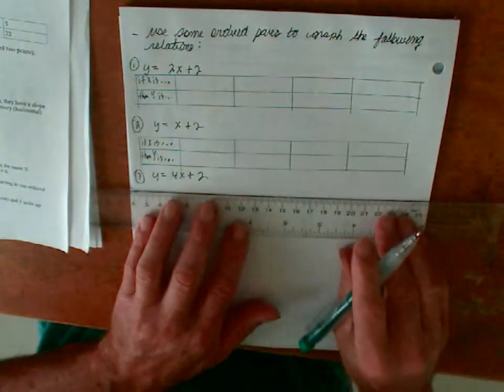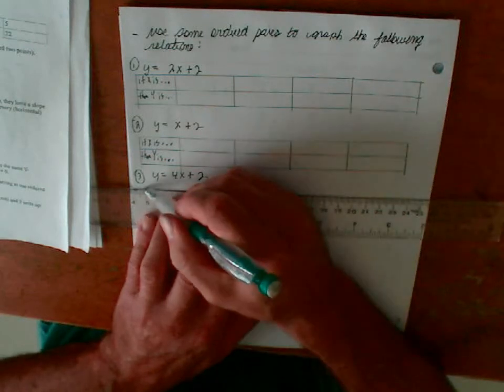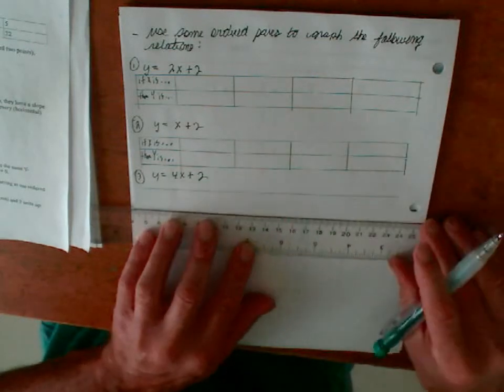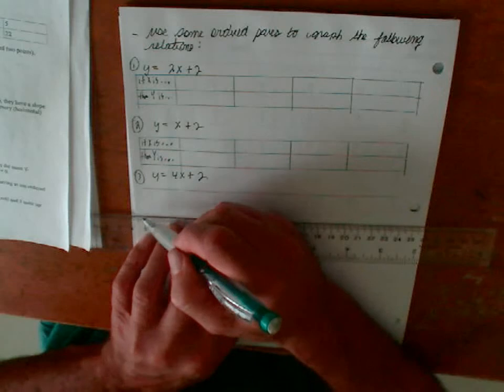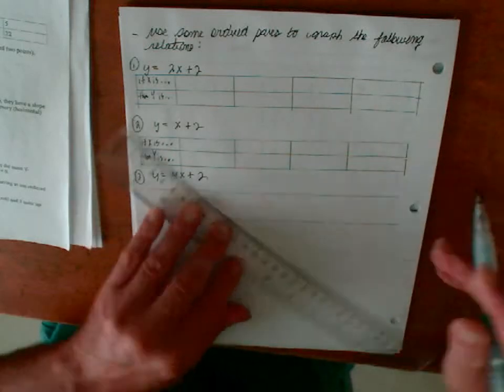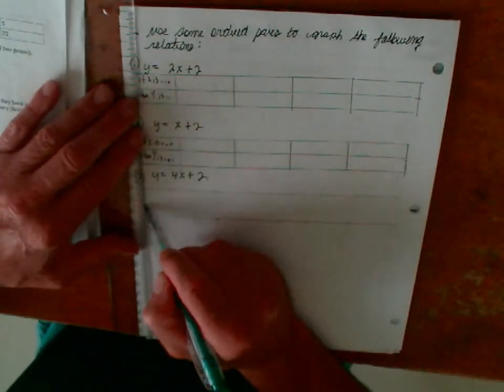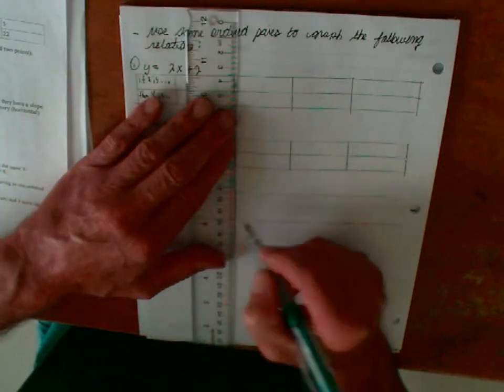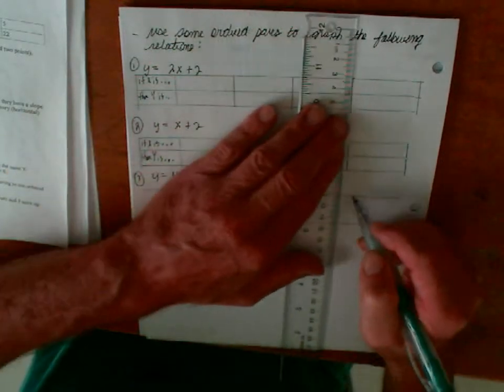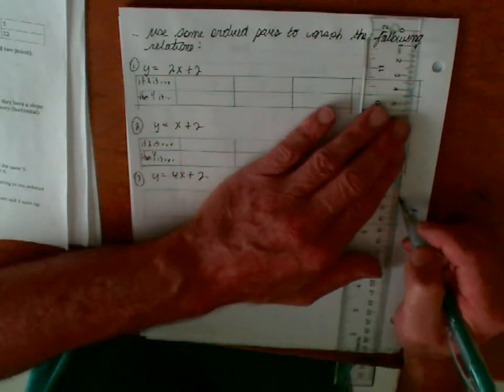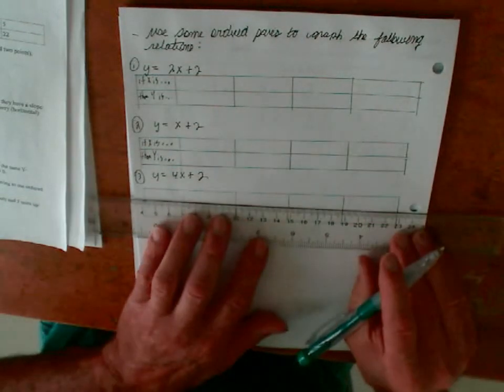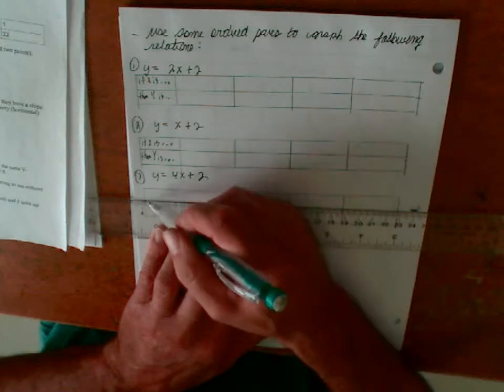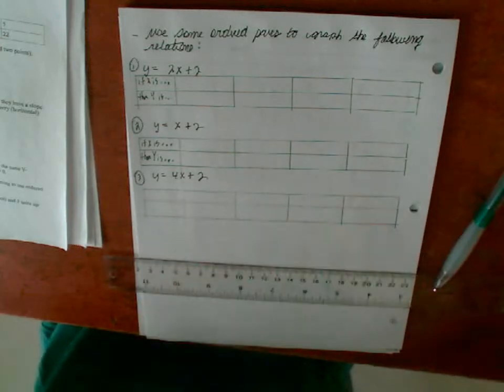And then our last one, for y equals 4x plus 2, the same thing.